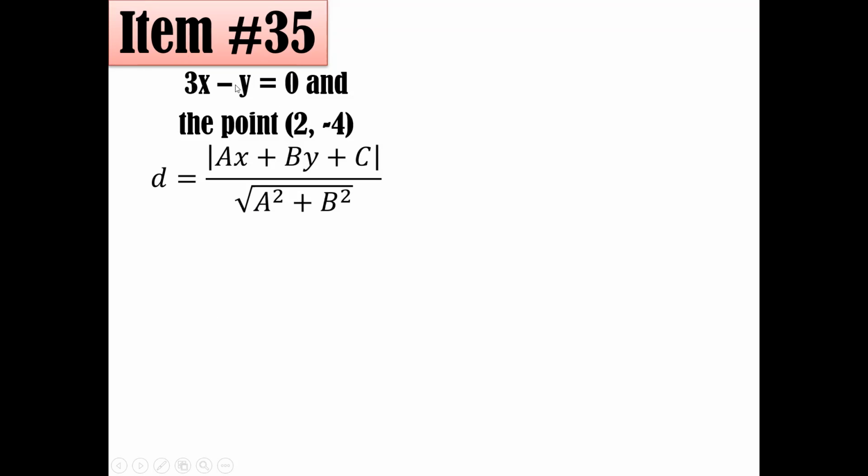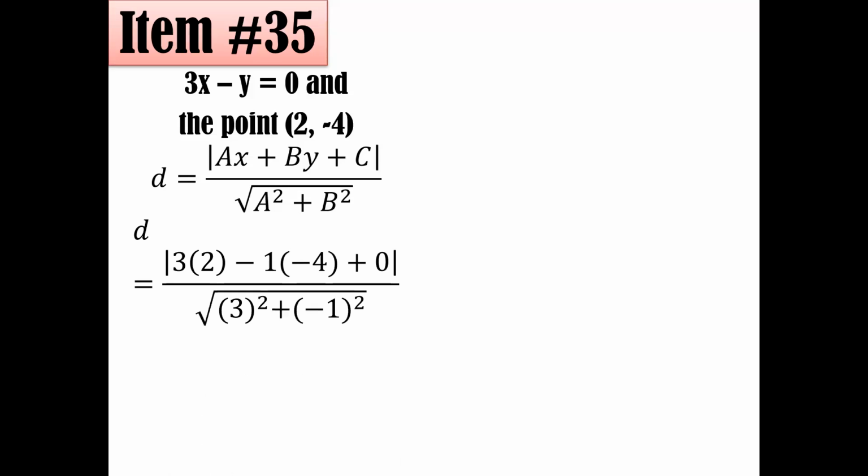Yung c po natin dito, it's understood na 0 po yan. So yung x naman ay 2 at saka yung -4 siya yung y. So by substitution, that's 3 times 2 minus 1 times -4 plus 0. Understood na po yung c ay 0 eh. All over the square root of 3 squared plus the square of -1.